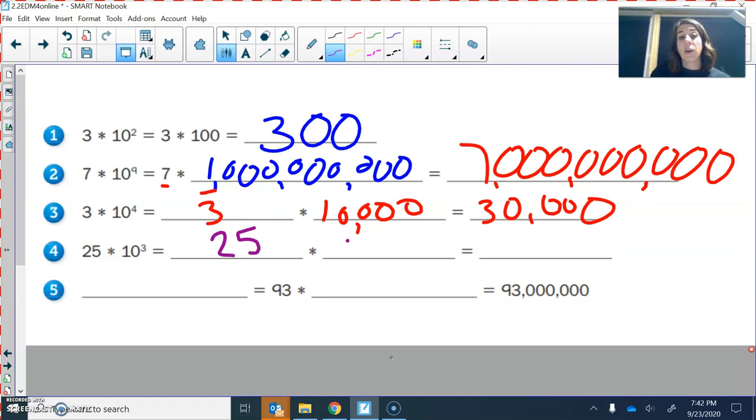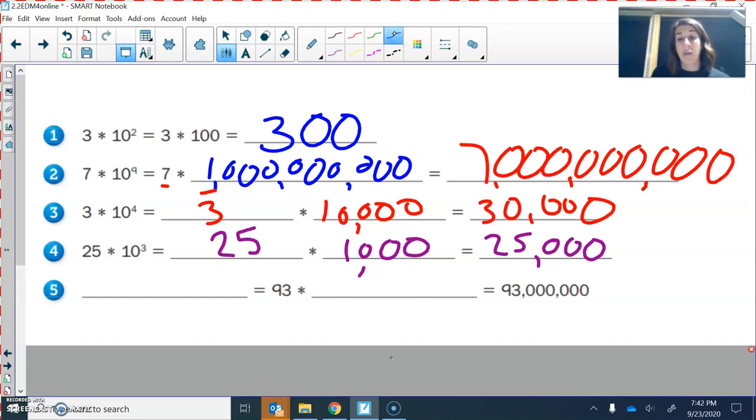Then I have 10 to the 3rd. I know 10 to the 3rd is a 1 with 3 zeros after it. So that means 1,000. I'm looking at basic facts and I see 25 times 1 is 25, and then I can have 3 zeros after that. So that means my answer is going to be 25,000.